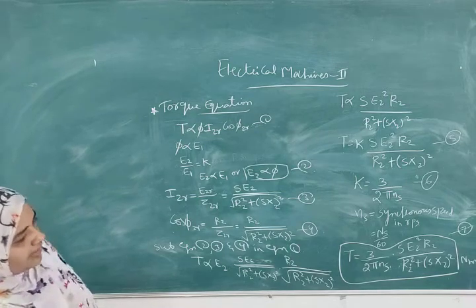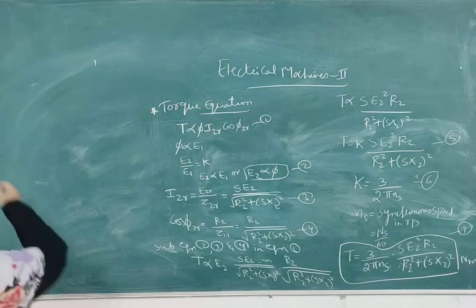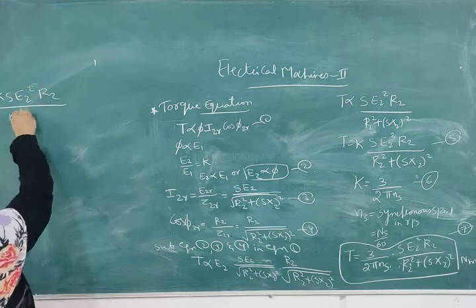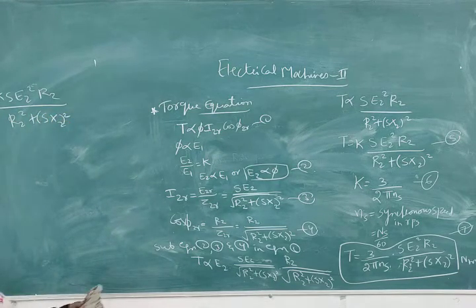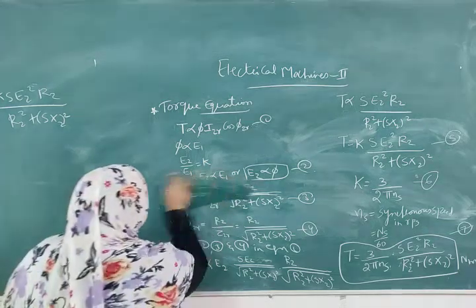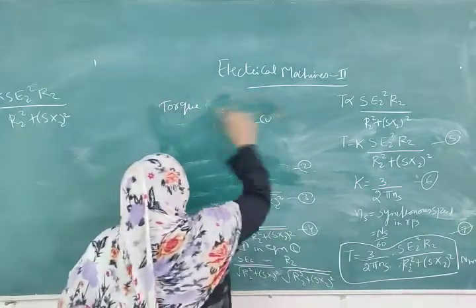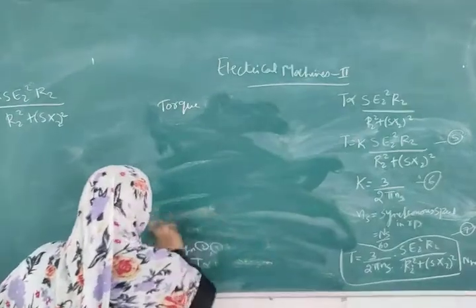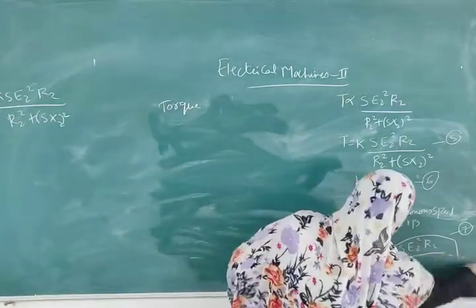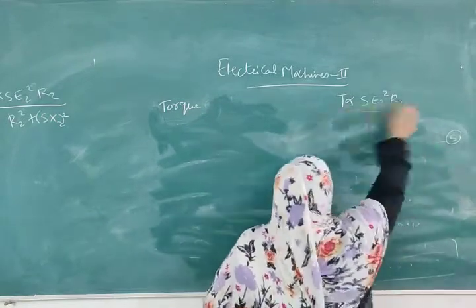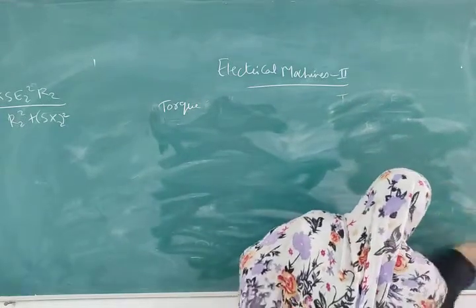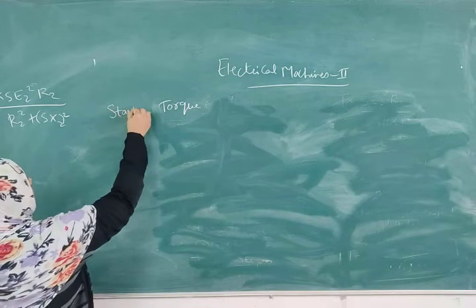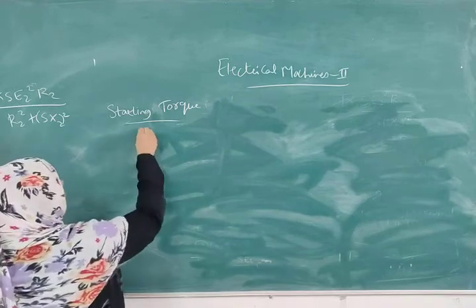So we can find the starting torque from this torque equation, T is equal to K S E2 square R2 by R2 square plus SX2 whole square. Now, what is the starting torque?